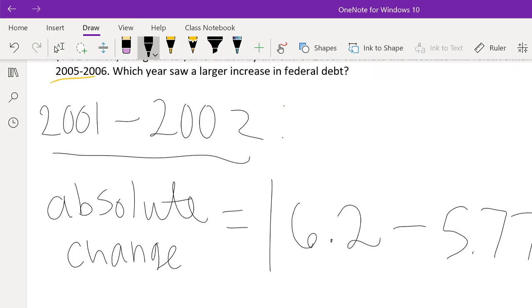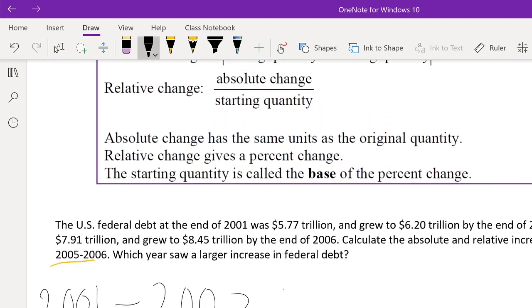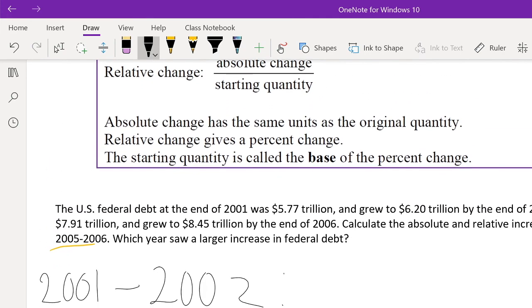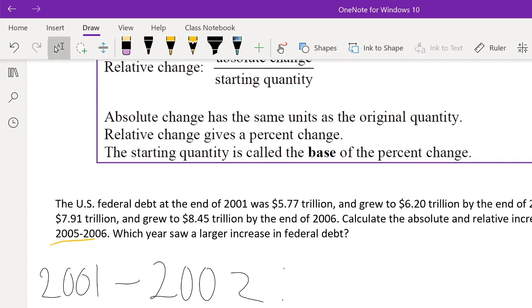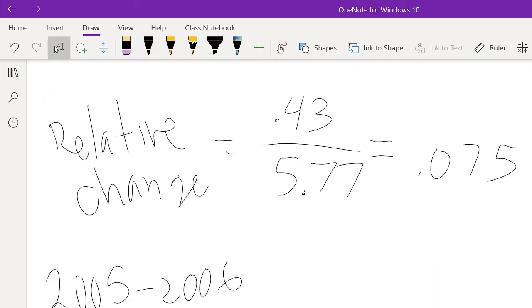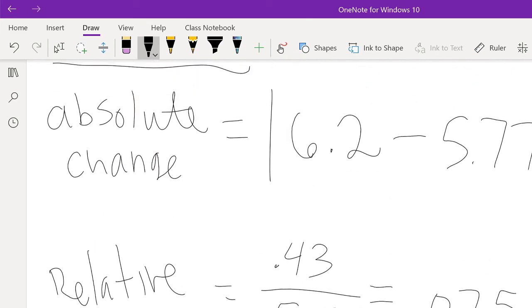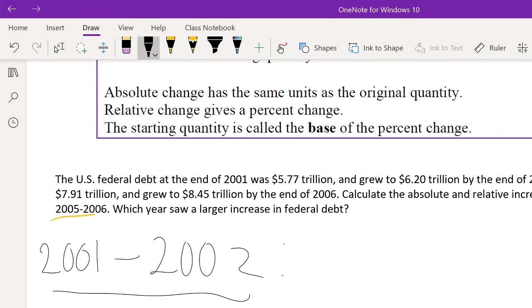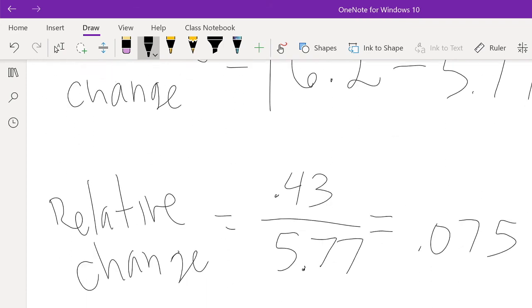All right, so absolute value, and again, that's ending quantity, which in this case was 8.45 trillion. And 7.91 trillion.